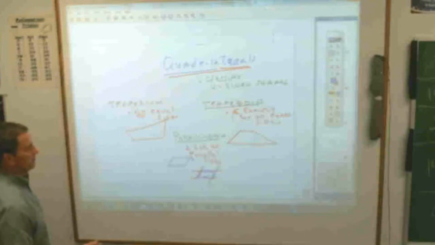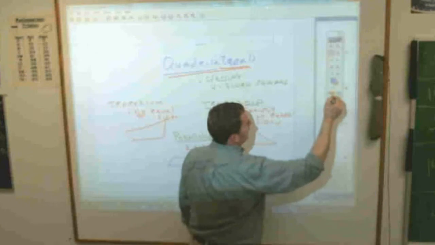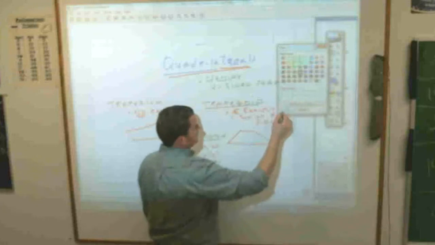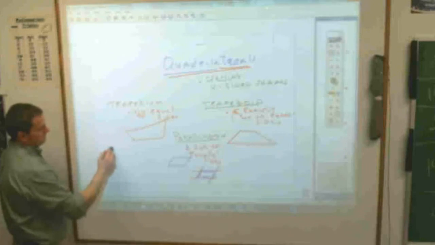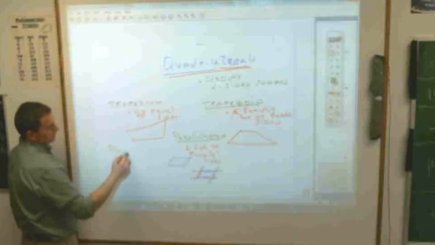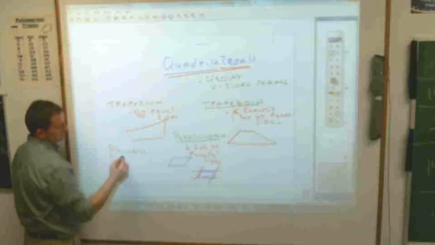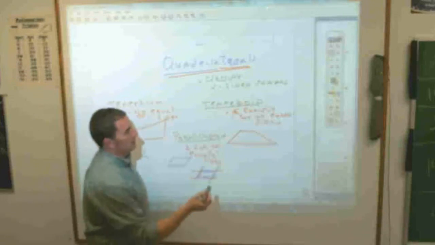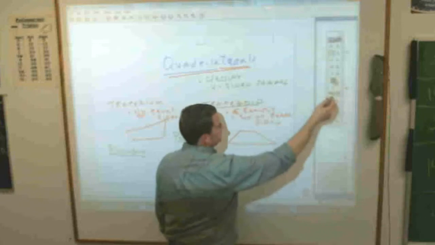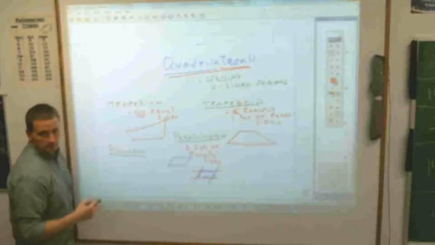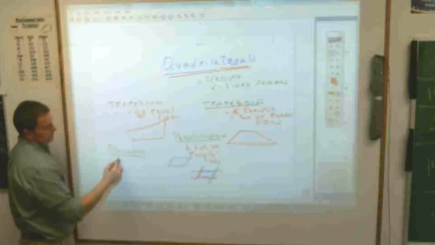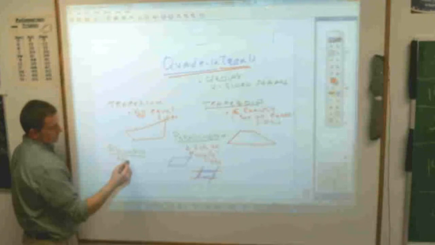And then we have what we like to call a rhombus. What's the definition of a rhombus? Does anybody know? Elijah says a parallelogram with equal sides.